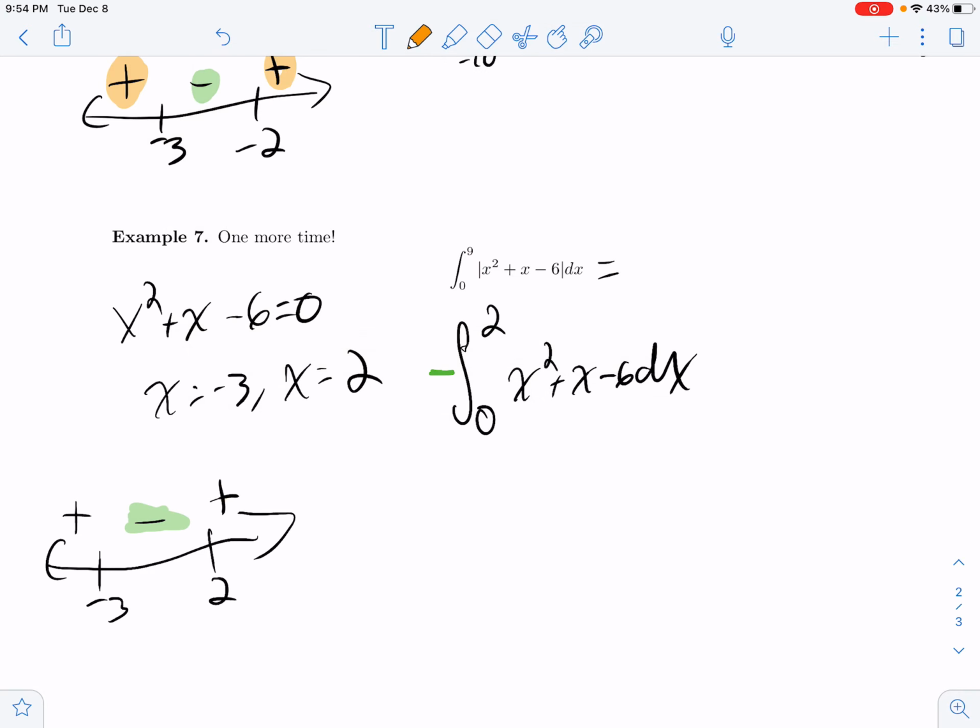So we're just going to have a plus sign. Integral from 2 to 9, x squared plus x minus 6 dx. All right? And then we just calculate those integrals.